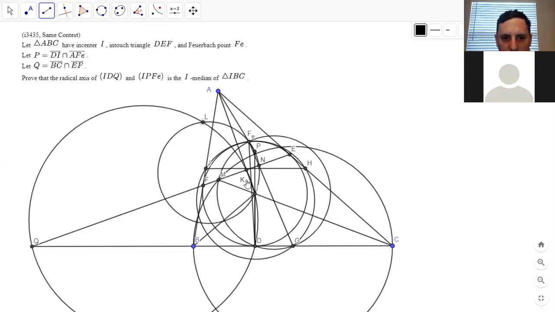Okay, so yeah, it's like we're trying to invert. There are so many circles here, it's confusing me. But it feels like we're close.